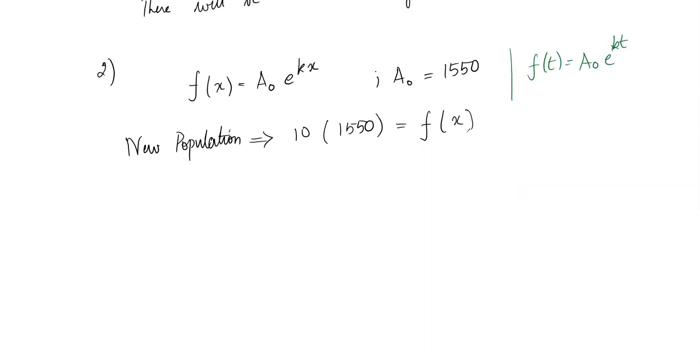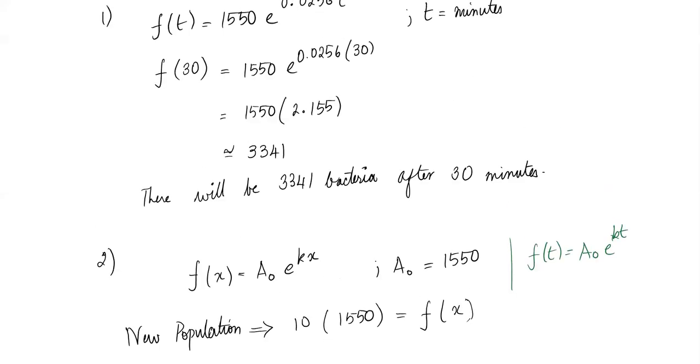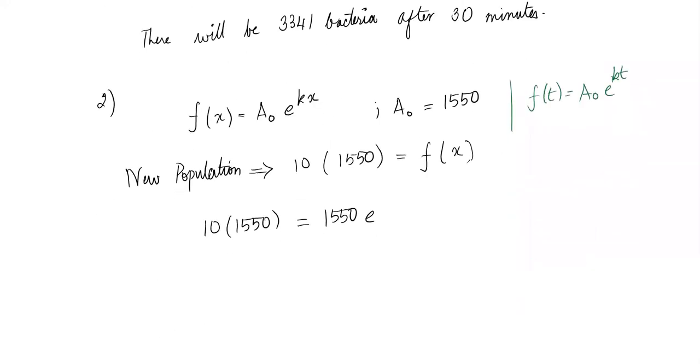All right. So the new population, the accumulated value, f of x, is your 10 times 1550. So f of x equals a naught, 1550, e power, k was given to be, so you go back to the original equation, right? 0.0256 t, or x.